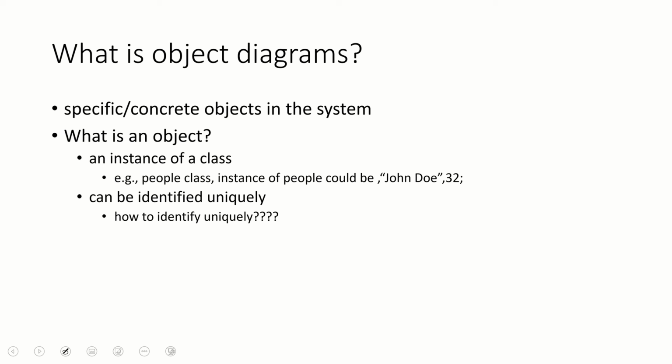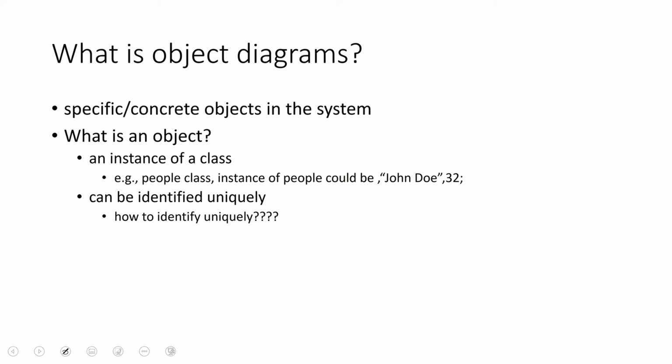The object diagram shows specific, concrete objects in the system. That is the same idea as when we create an instance of a class. So what is an instance of a class?